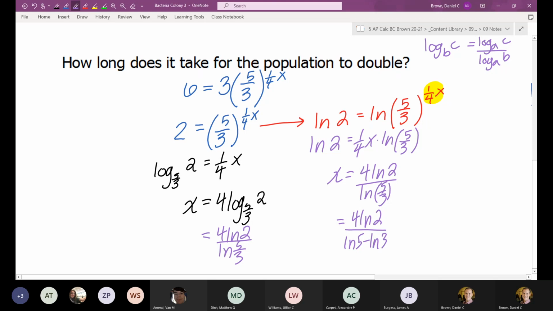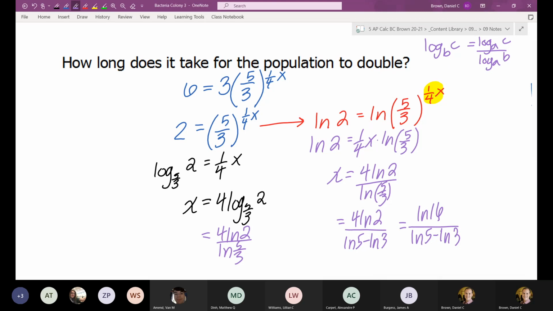Any other ways you can think about rewriting that one? Oh, I'm going to keep going. What can I do with that 4 in front? Put it to the top. So I could write it as the natural log of 2 to the 4th, which is 16, over the natural log of 5 minus the natural log of 3. That's exactly what I had. That's so weird. So yeah, you need to know your log rules.